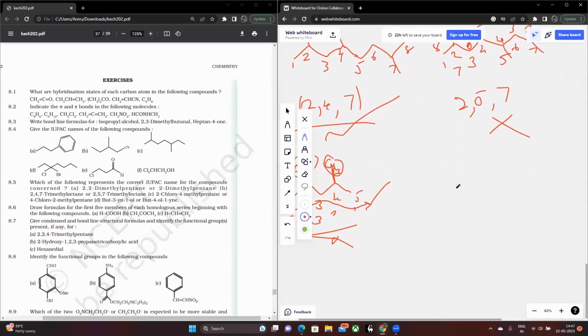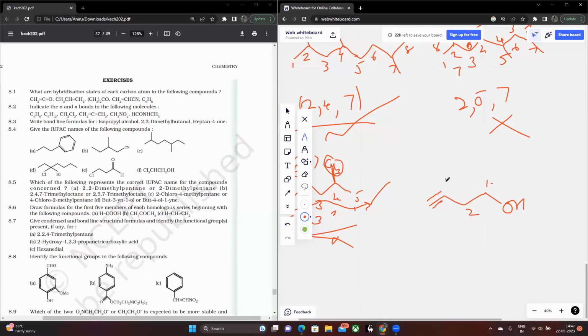And the last question, D, is but-3-yn-1-ol or but-1-yn-4-ol. So this is butane, 1, 2, 3, 4 carbon and 1 OH. It's a 1-ol, and you have a 3-yne.